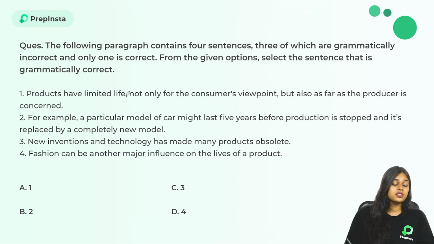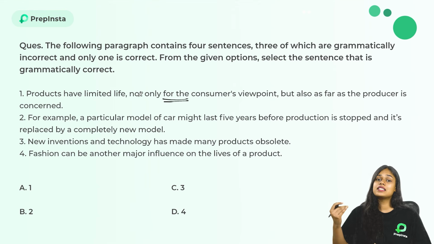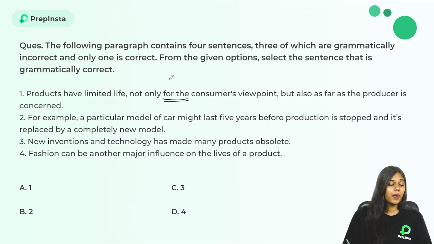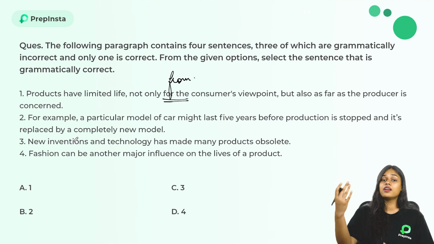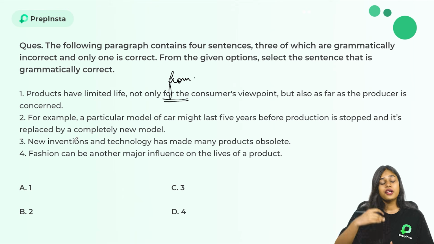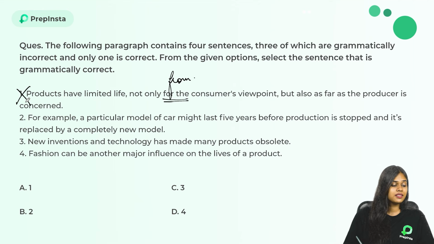Products have limited life not only for the consumer's viewpoint but also as far as the producer is concerned. Over here, what is the error? For the consumer's viewpoint. Why? Because when we are talking about someone else's viewpoint, we don't use the preposition for, but we use the preposition from the consumer's viewpoint, because it is coming from another person's viewpoint.